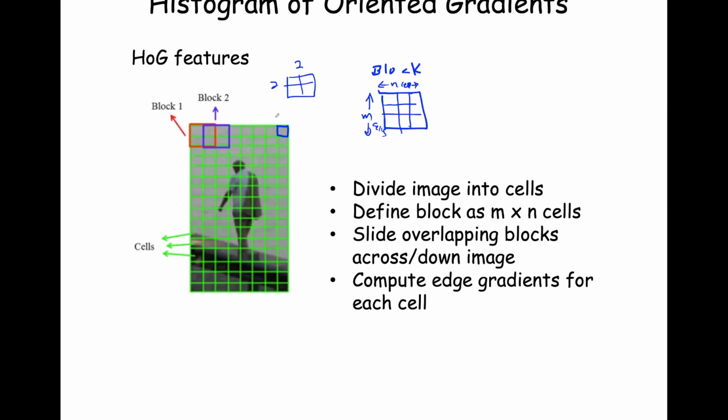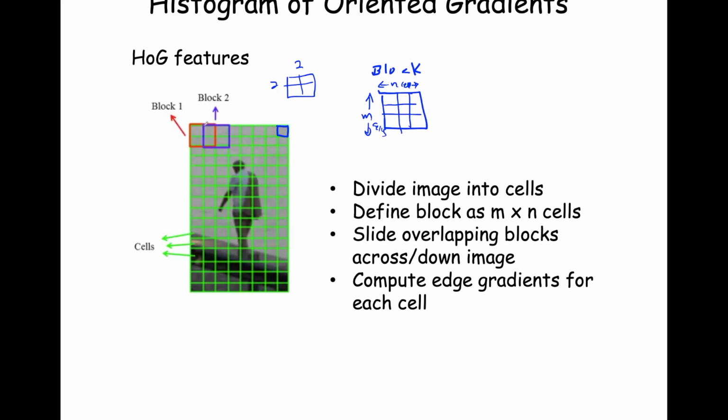Now we take the block and imagine it superimposed over our image, and we slide this block across the image, and when we get to the end, we start at the left-hand side again, bring it down, and keep doing that operation. You'll notice in one position, block 1, the block at the first position, we slide this over one cell at a time.